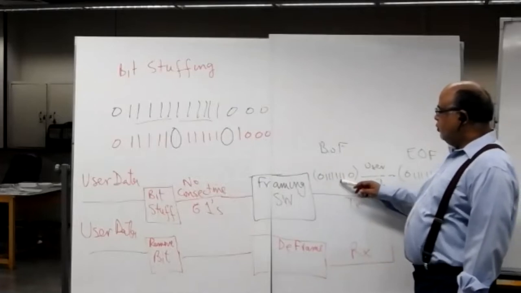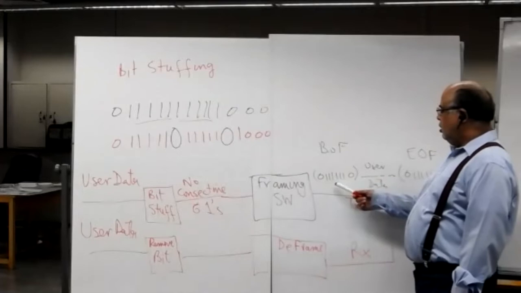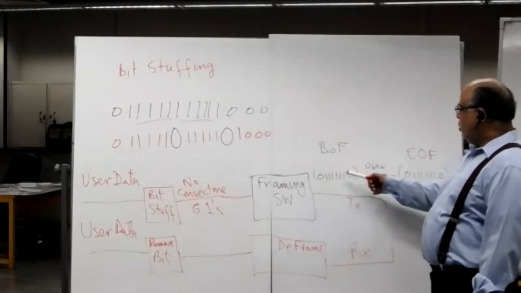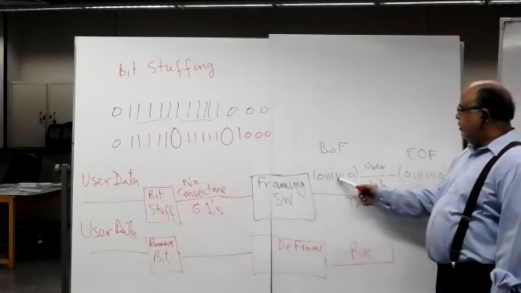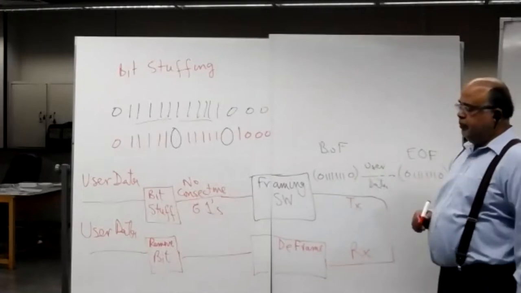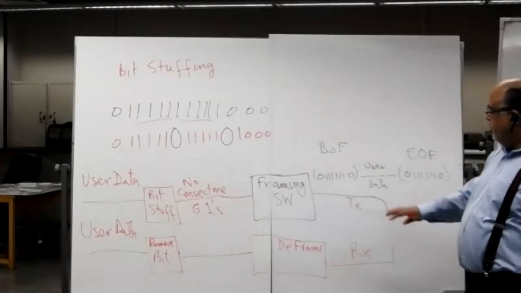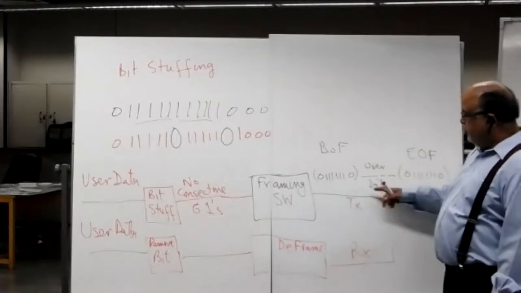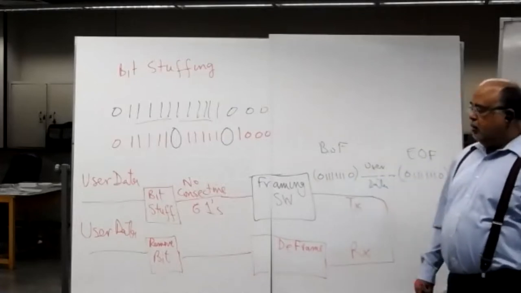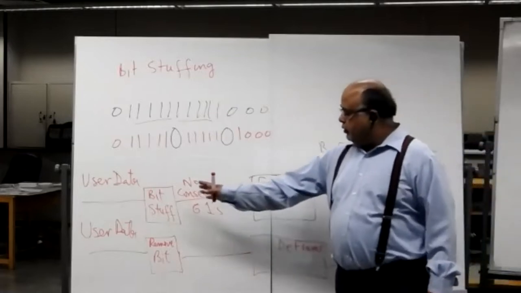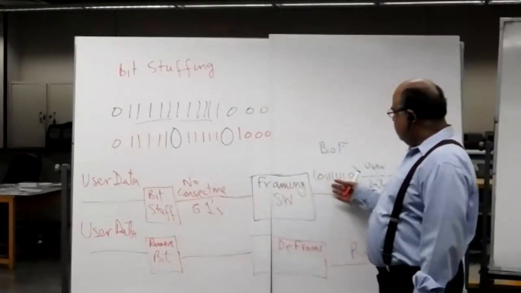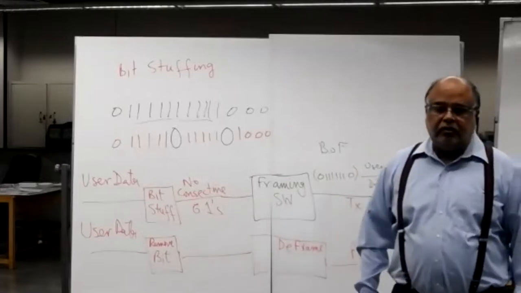So consecutive six ones are unique to the communication, and indicate the beginning of frame or end of frame. These six ones only exist in this part, after the framing is done and these frames are inserted.